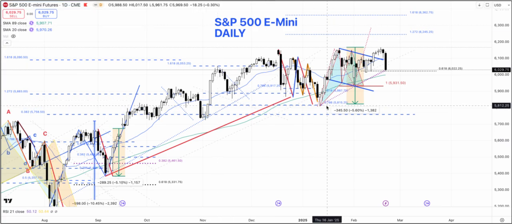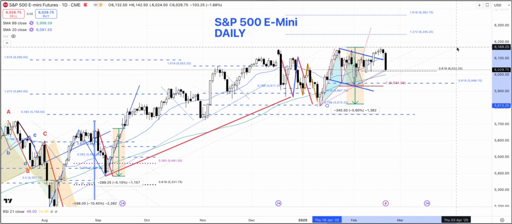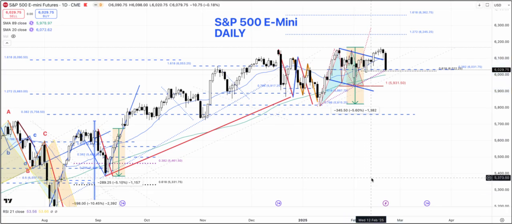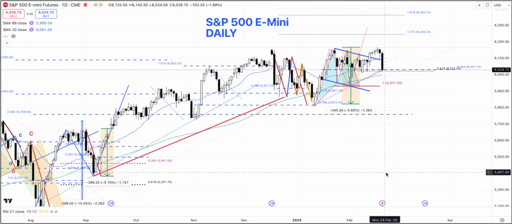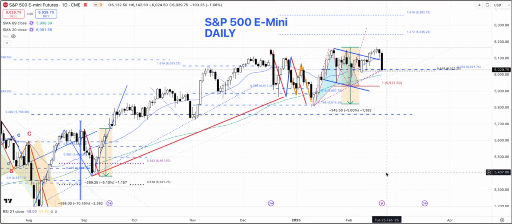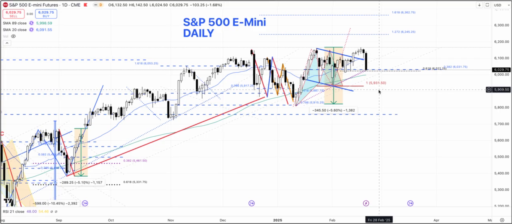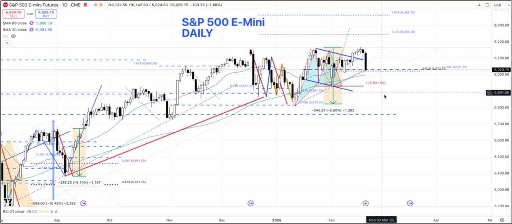Let me actually try to draw this right here. And there we go. So we have a confluence of two ratios coming together. So that is always a region we pay really close attention to. So this region could be pretty good support, and let's see if we get a follow-through or not. And we should watch it on a closing basis.